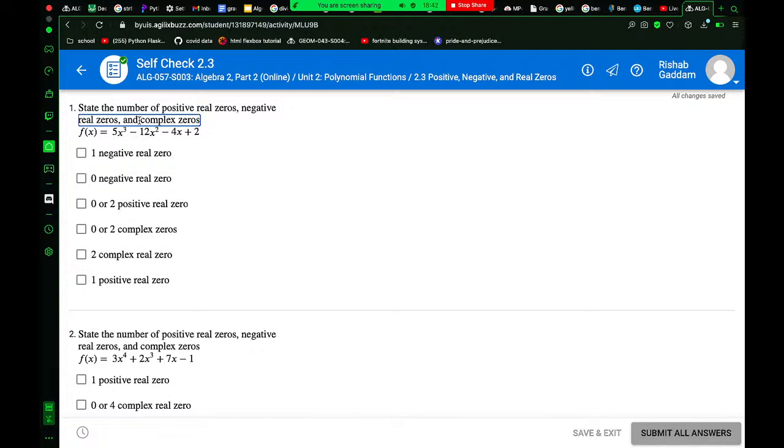You might be asking yourself, what is a complex zero? A complex zero is like an imaginary zero. So it's not real on the graph. It's not there. That's what complex zeros are. And they gave us the equation right here.